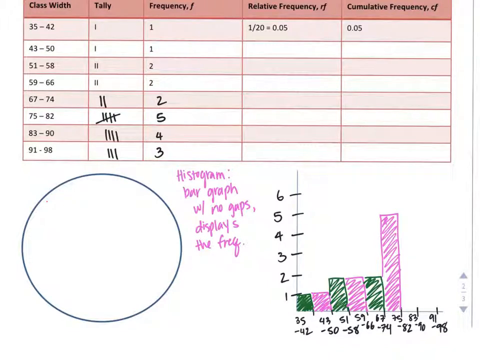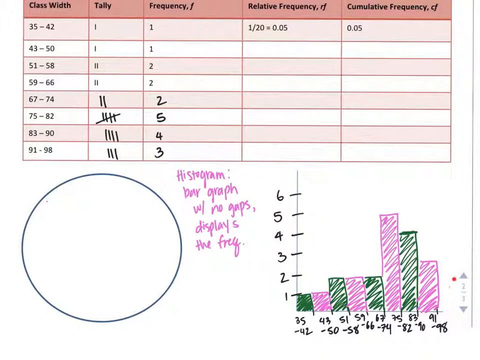So for 83 to 90, there were 4. So to go all the way up to 4, I'll do that in green. And the last one had 3 as the frequency, so all the way up to 3. And there we have it.